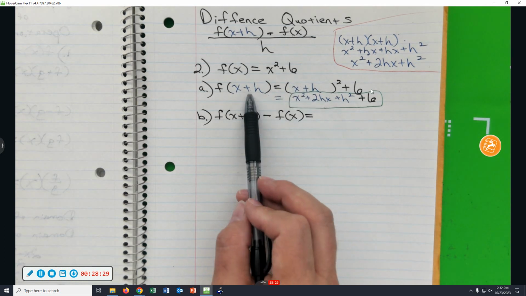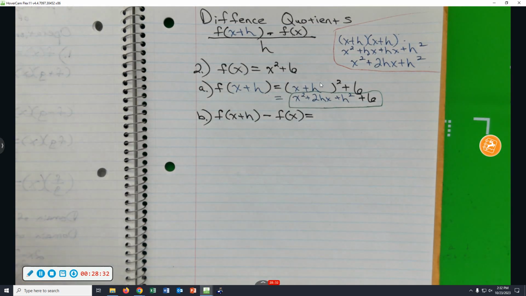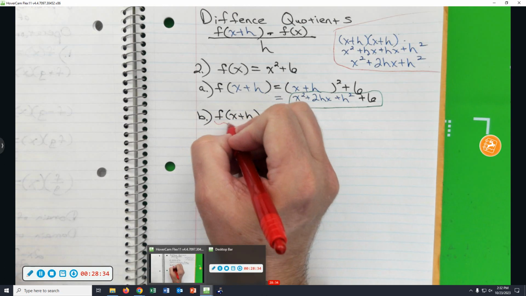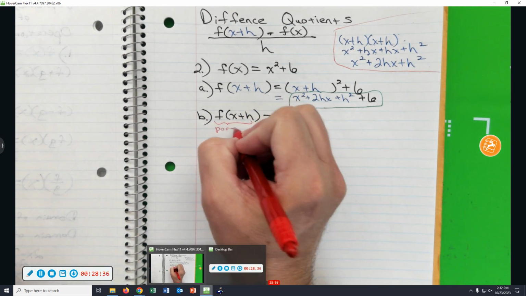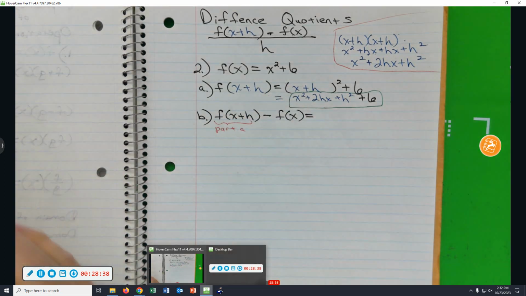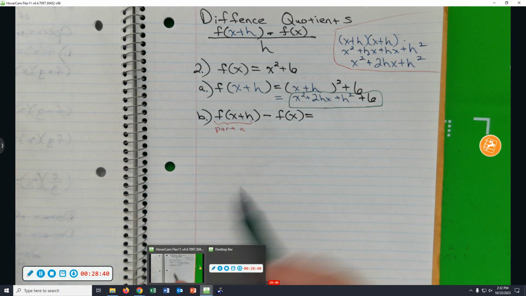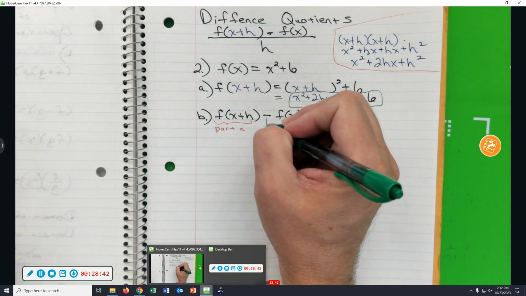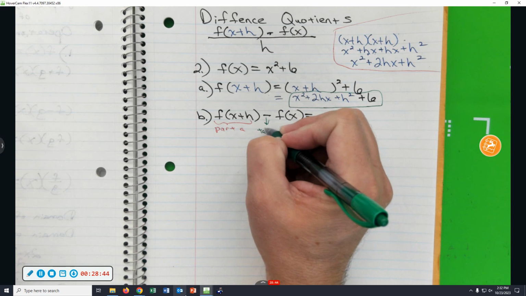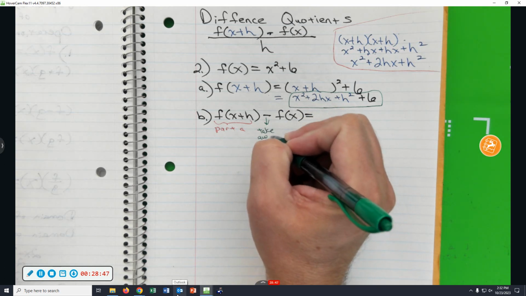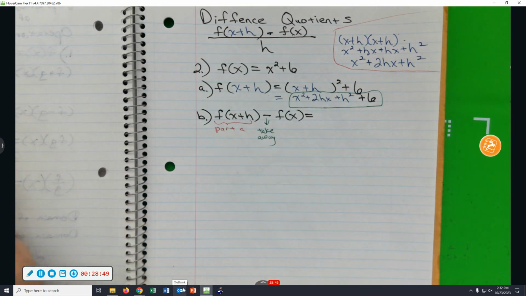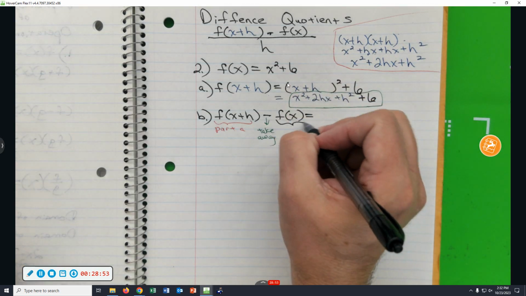So you take what we just found, I'll say part A. Isn't that how y'all first learned subtraction in elementary school? Take away. That little minus is acting like a takeaway. And f of x, that's the original function.